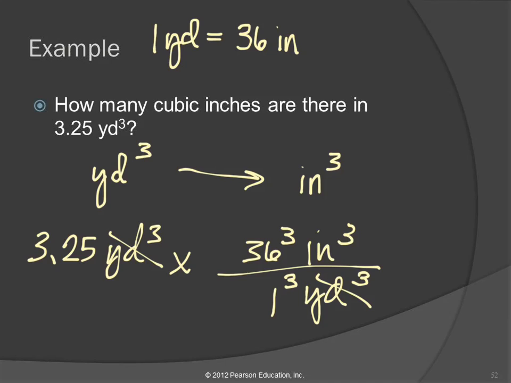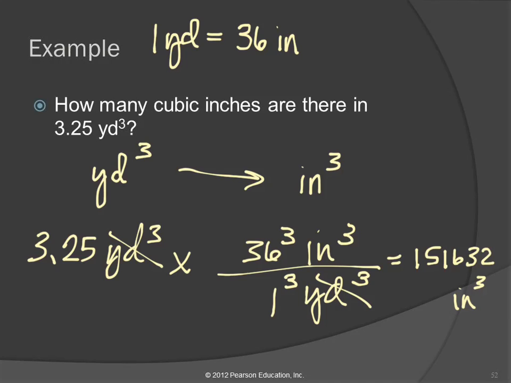So what we have here is we've got 3.25 times 36 cubed. We get a really big number. 151,632 cubic inches. Are you getting that number on your calculator?